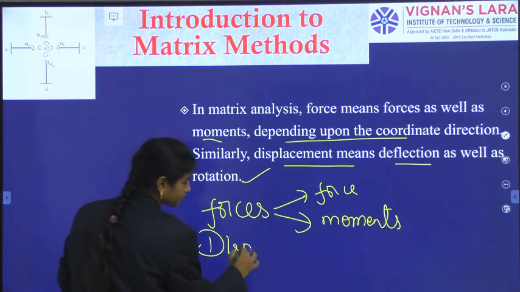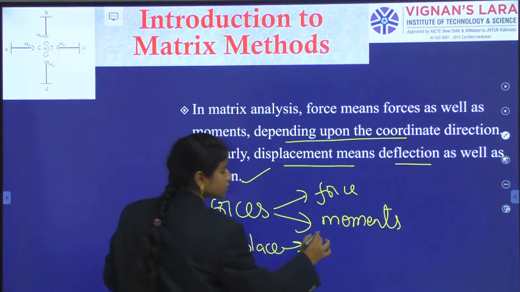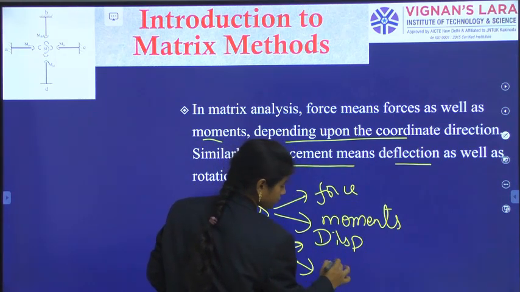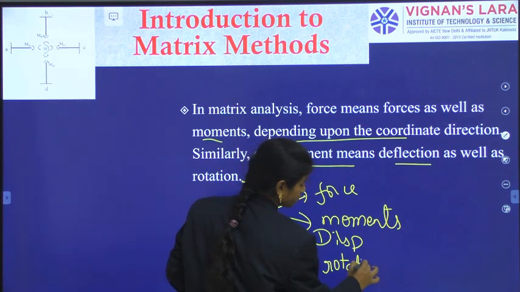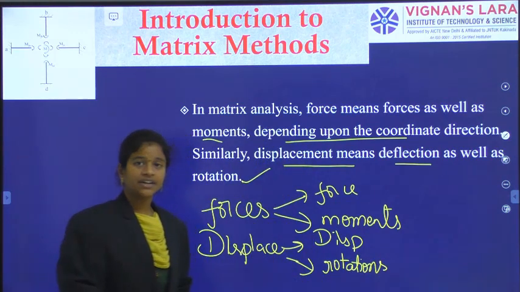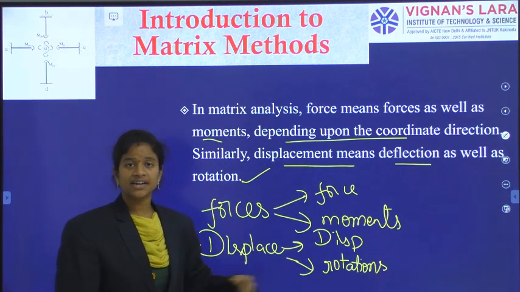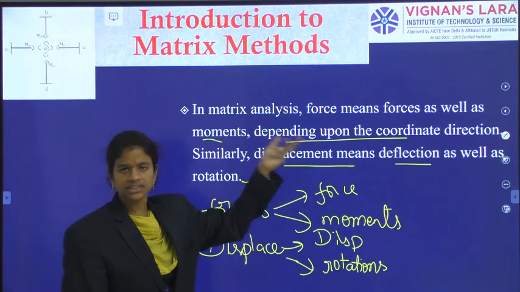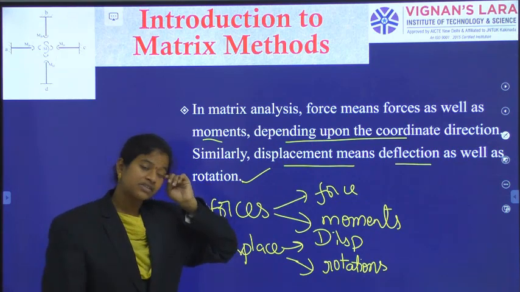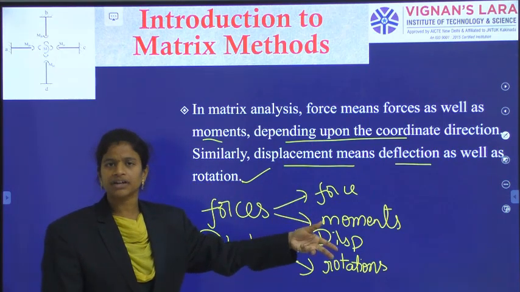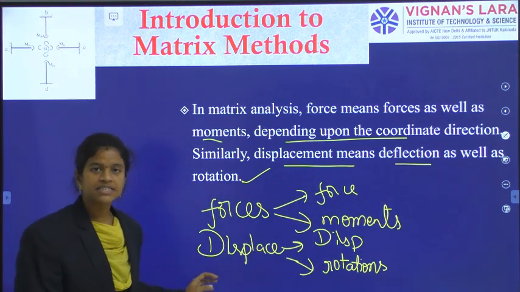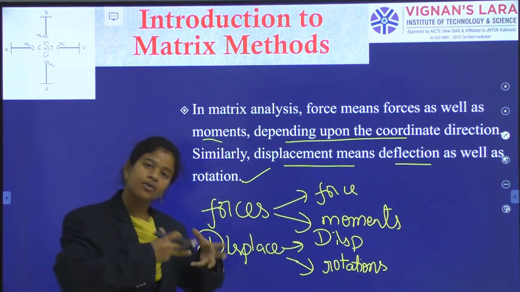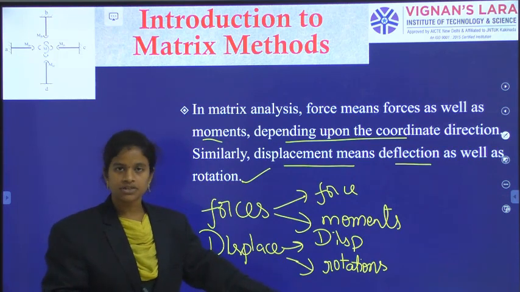Displacement method we say, but it involves displacements as well as rotations. Generally we use the word force to mean forces, but here it includes moments also, because a moment is a force moment applied. Similarly, displacement is either in the form of translation or in the form of rotation. Both are displacements only.